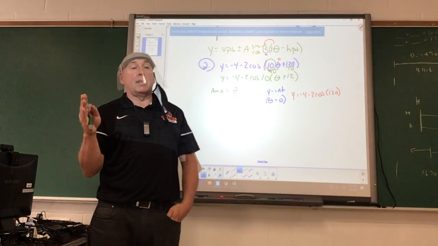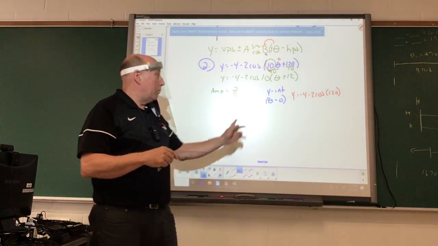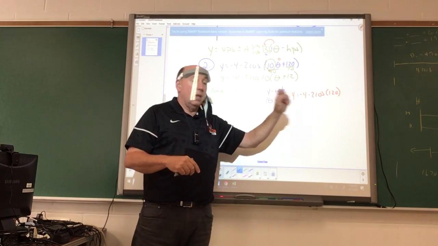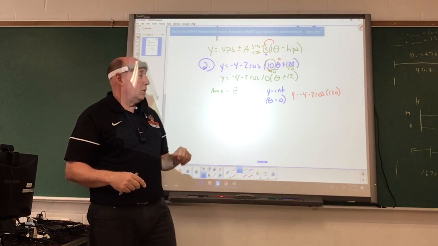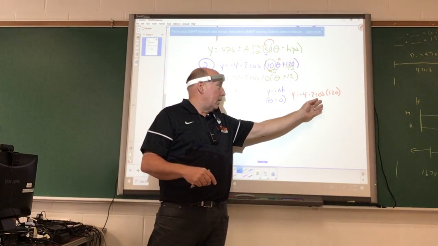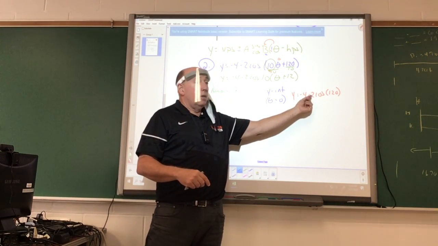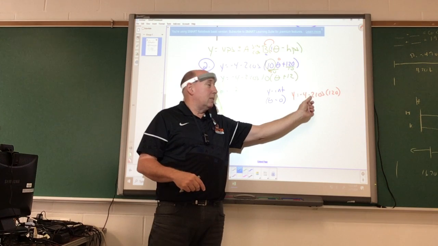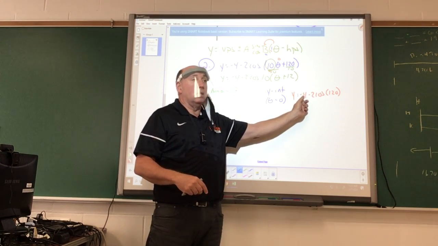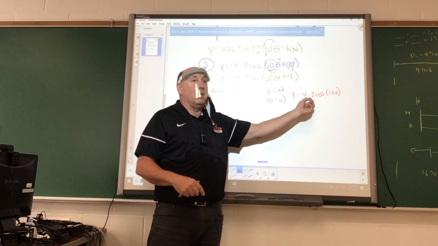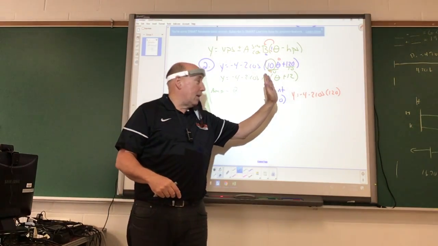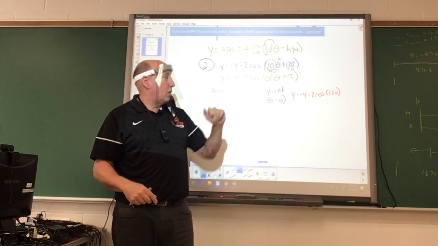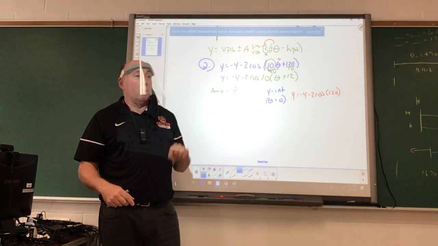You can run that straight through your calculator. You can type this in as is, hit enter, and find your y-intercept. You don't have to do it in pieces. Don't combine these together, because this is a coefficient and this is a constant. I cannot combine this into a -6. I type in -4 minus 2 cosine of 120 and hit my enter button.